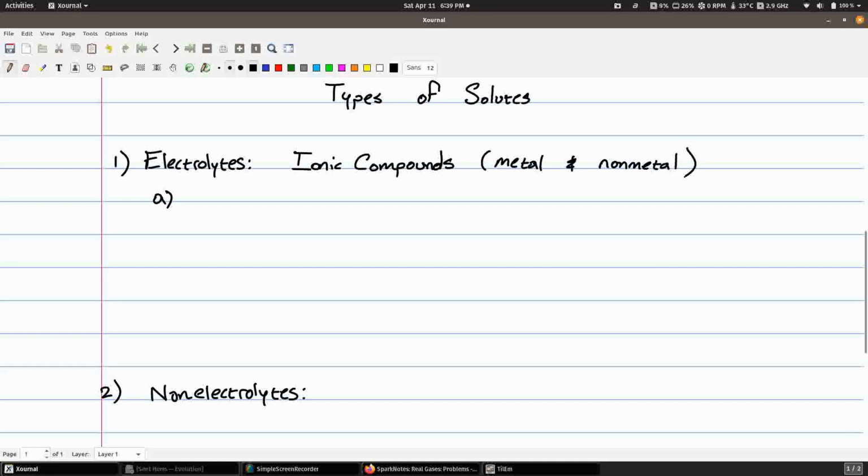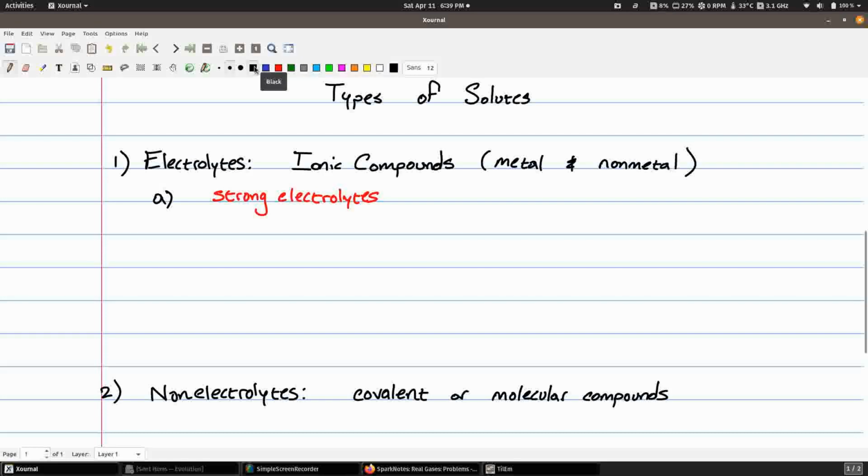Non-electrolytes are covalent or molecular compounds. Within electrolytes, you have strong electrolytes and weak electrolytes. I'm going to do the weak electrolytes later.